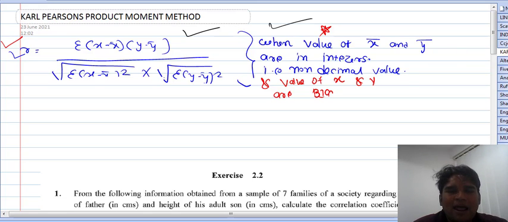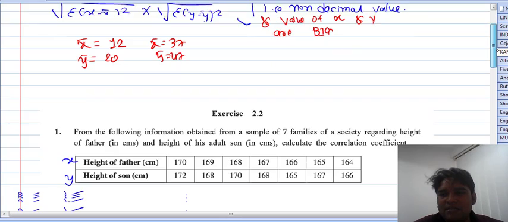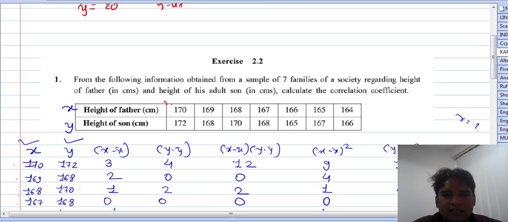Both x bar and y bar must be integers, that means full values. For example, x bar 12, y bar 20. For example, x bar 37, y bar 47. So these all are integer values, right? And the values of x and y being big means you can see questions like this: 170, 169, 168, 167, 166, 165, 164.